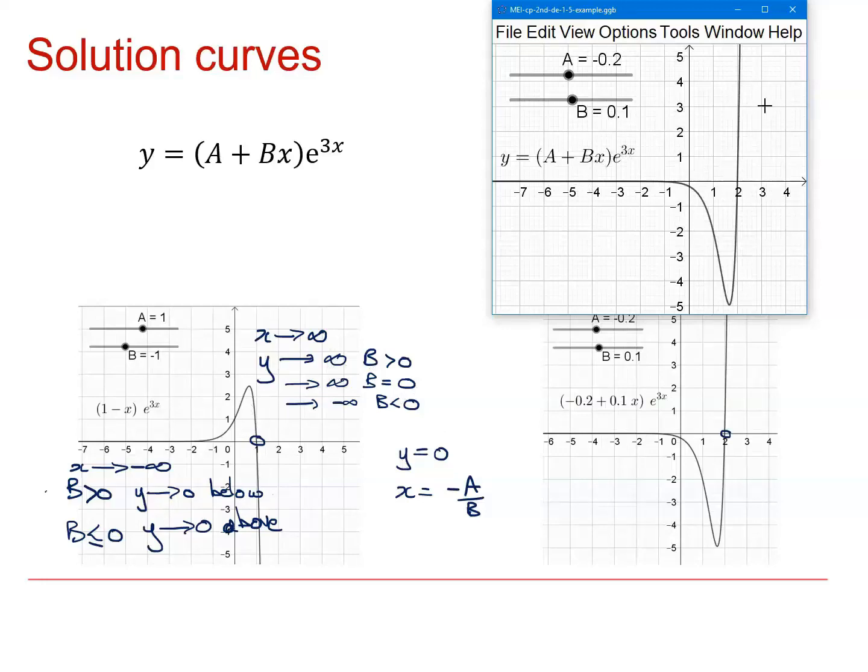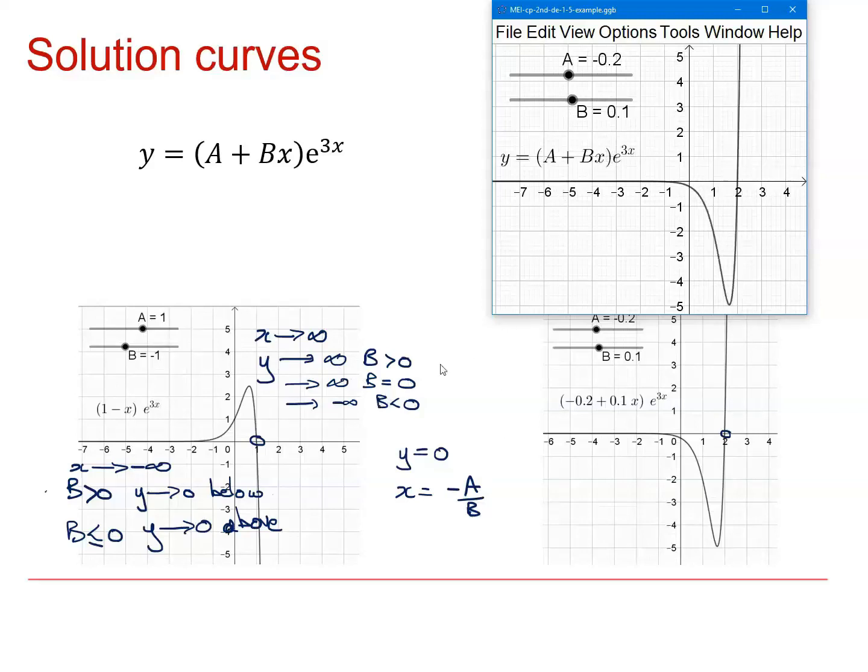Well, if b is positive, as it is here, then as x tends to infinity, y tends to infinity, and whatever the positive value, that's going to keep happening. If b is negative, then as x tends to infinity, y tends to minus infinity, and we've seen that from this bit here as well.